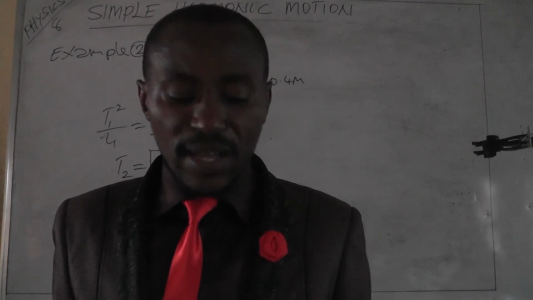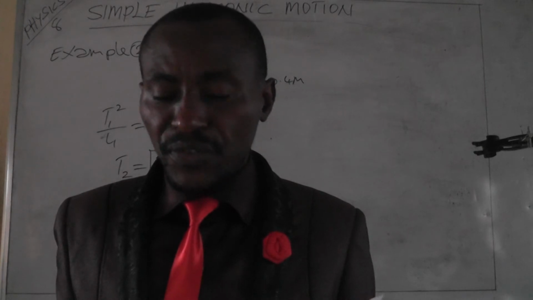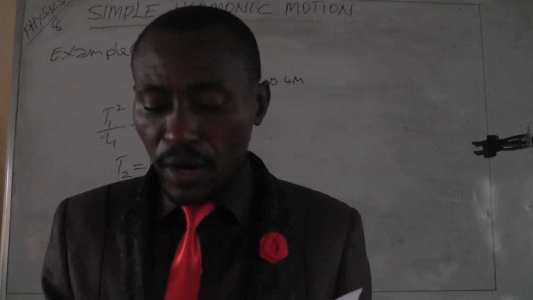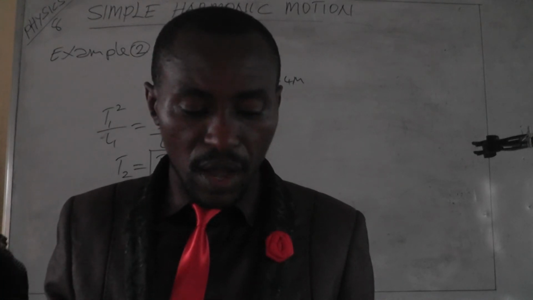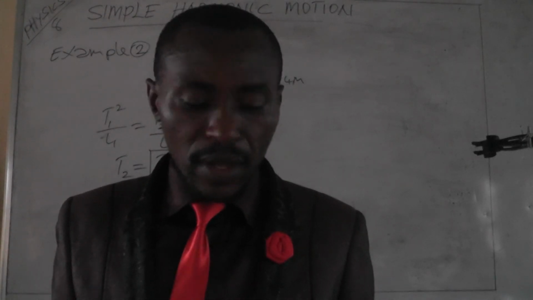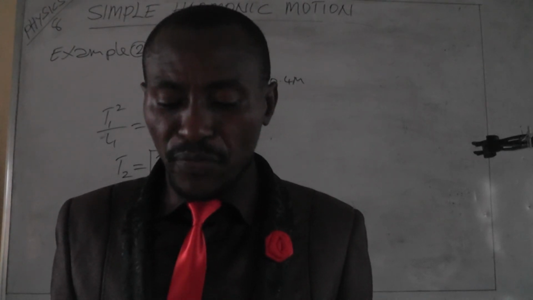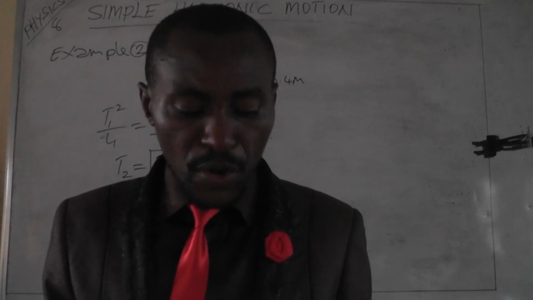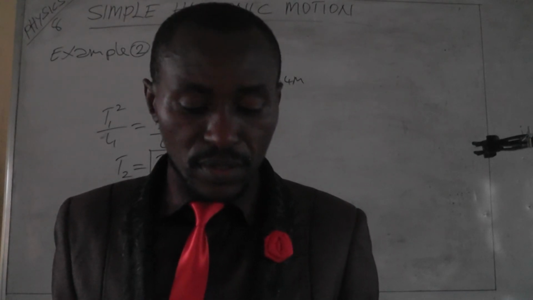I take it again for the last time. A simple pendulum has a period of 17.0 seconds. When the length is shortened, we'll have a full stop there. When the length is shortened by 1.5 meter, its period is 8.5 seconds.